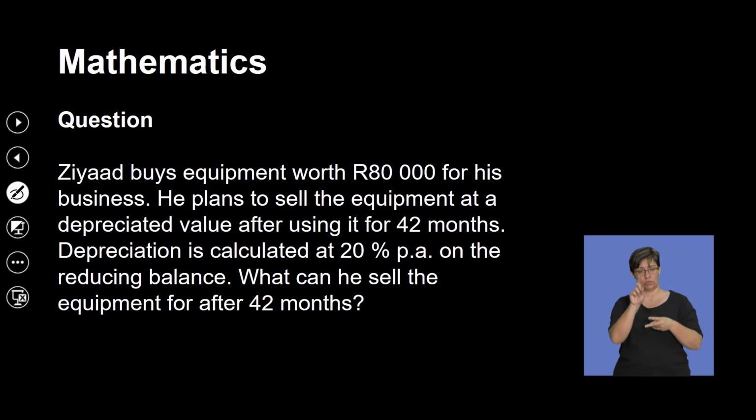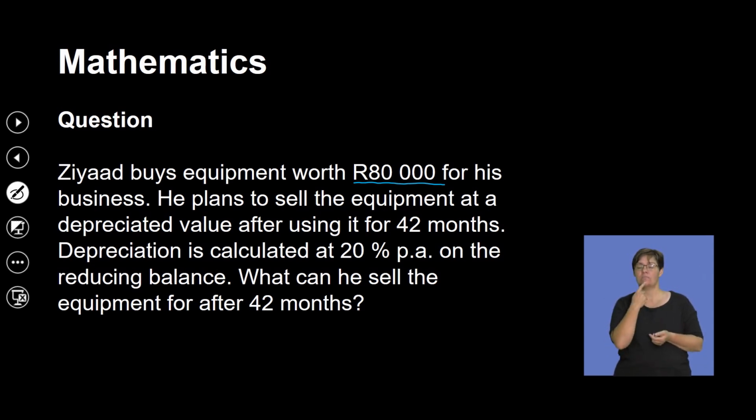Another question. So Ziad buys equipment worth 80,000 for his business, right? So he's starting a business, and he goes to the shop and they say to him, no, you will need to spend 80,000 for all the equipment that you need. It might be a logistics company, so it might be computers or anything of that sort.